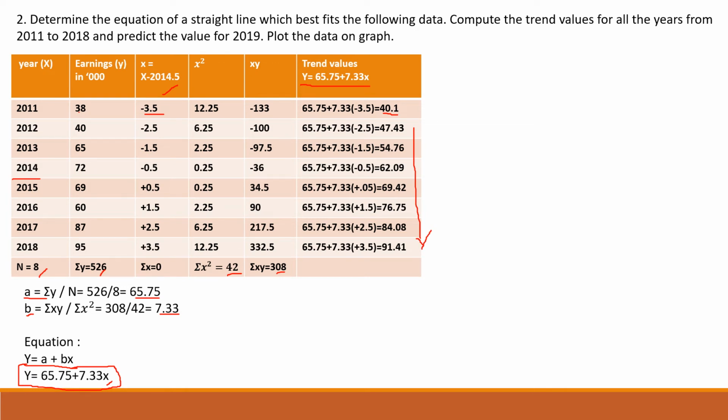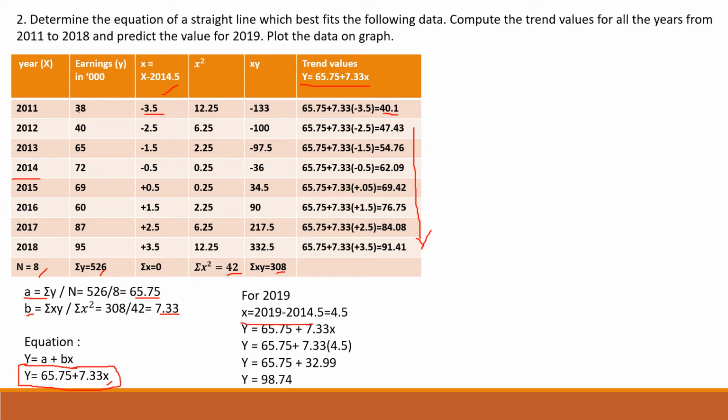Here prediction is asked: the prediction for the year 2019. So for the year 2019, the x has to be calculated first. Capital X is 2019. For whichever year we need to predict, we take that value. And the origin of time is 2014.5.